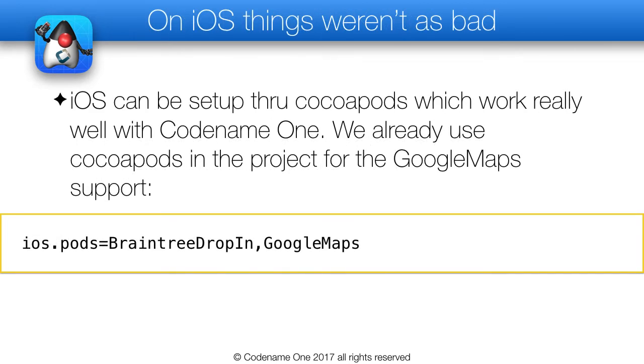On the iOS side, things were also a bit tricky. iOS has a tool called CocoaPods, which allows us to define dependencies. Since we already use maps in the contact us form, we already have a dependency on that. We can just add a Braintree drop-in dependency as explained in the integration guide on the Braintree site, and this should work.